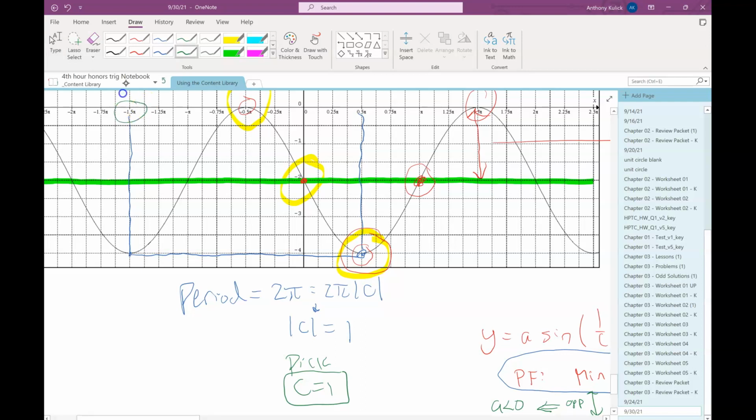So this one started at -pi/2 and ended at +pi/2. That's 2 pi of distance. The period is equal to 2 pi times the absolute value of C, so the absolute value of C just had to be 1. Is that okay? We chose C to be +1, and I'm going to make that same choice to choose C to be positive every time, because it's way less of a hassle.